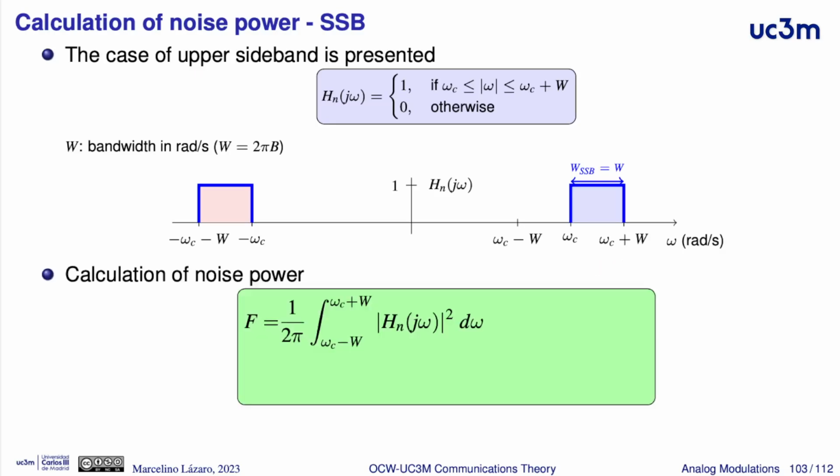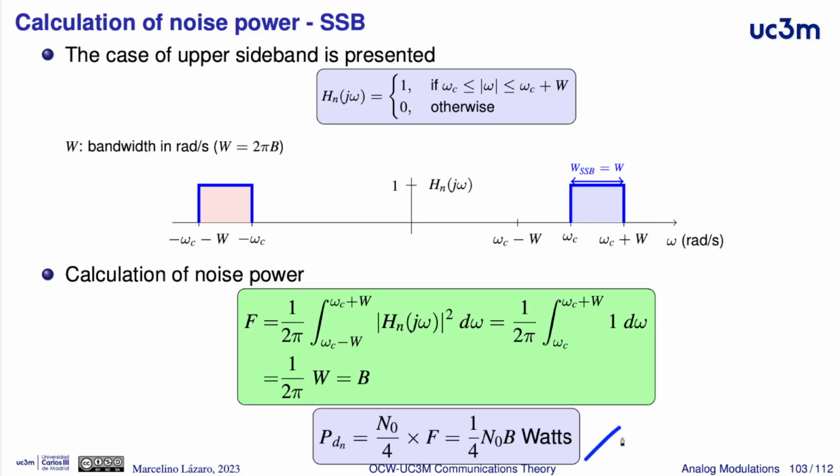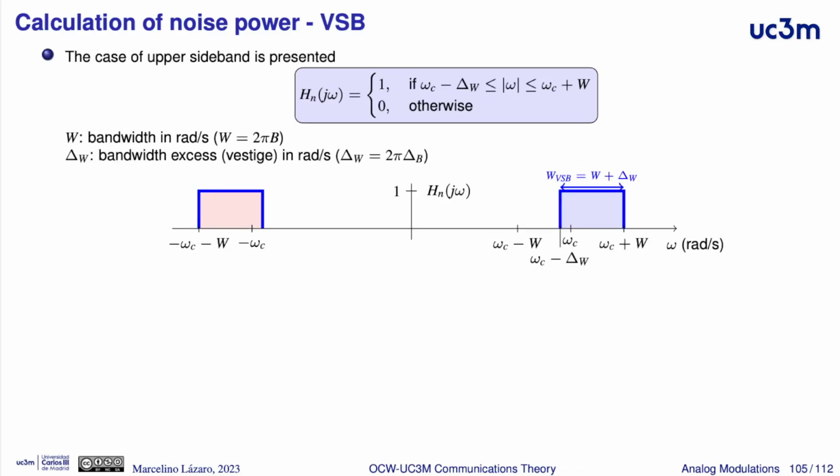Now the integral of this response in this interval is equal to the integral in this interval, and it's straightforward to see that we integrate 1 in an interval of length W. This is equal to W divided by 2 times pi, which is equal to the bandwidth in hertz that we have in this band over here. And this means that the noise at the output of a coherent receiver for a single sideband modulation will be 1/4 of N0 times the bandwidth in hertz of the modulating signal.